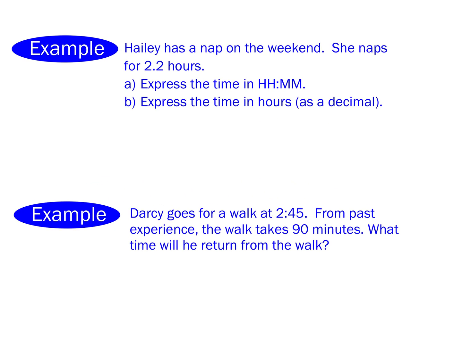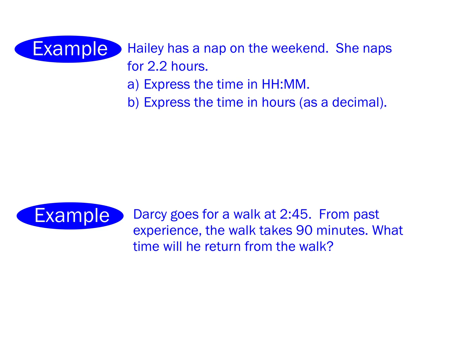Now we have a couple more examples. Here we go. Haley has a nap on the weekend. She naps for 2.2 hours. What's that time in hours and minutes? So, first of all, we know it's going to be a number, and then the colon, and then another number.